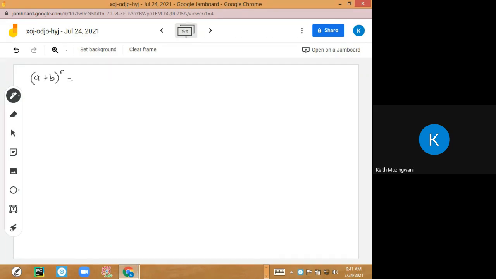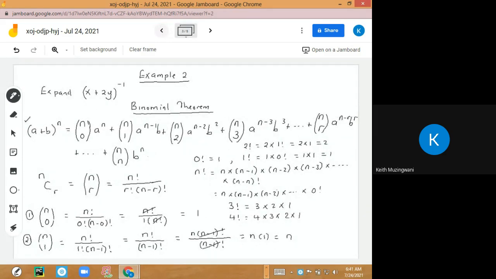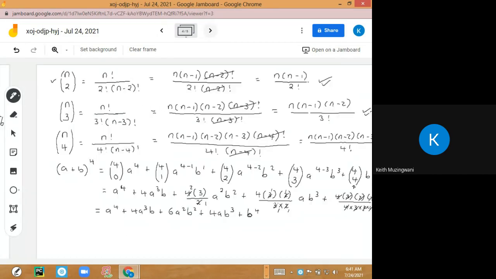Now that we know what n choose 0 is, n choose 0 is just 1, so we can just write it as 1 multiplied by a^n plus, you've seen that n choose 1 is just n, so where there is n choose 1, we'll just put n.